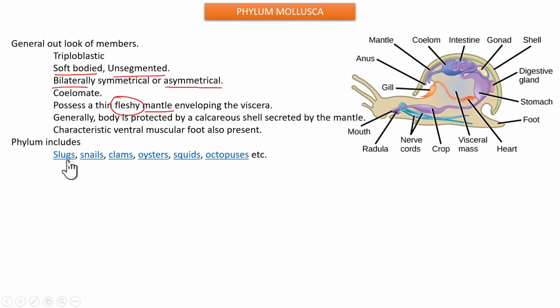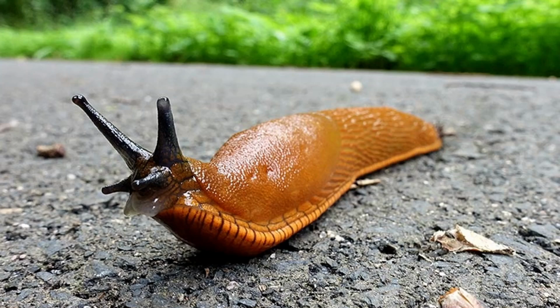So let's see a few common examples that we are usually used to watching around our nearby places or courtyard. So that's why I'm mentioning the names of some. Slugs means this type of organisms. I think you have at least once in your life watched this type of organism on your compound wall or in the courtyard.